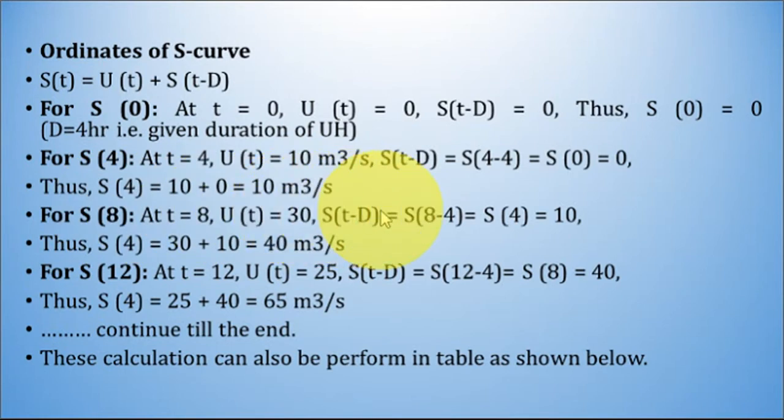If you calculate likewise, you will get the corresponding ordinates for S0, S4, S8, S12, like this till the end. Mistakenly it is written 4 over here. It is not 4, it is 0, 4, 8, 12 and so on.